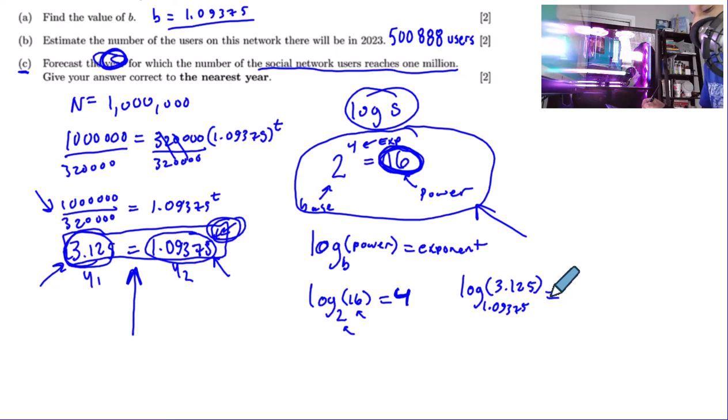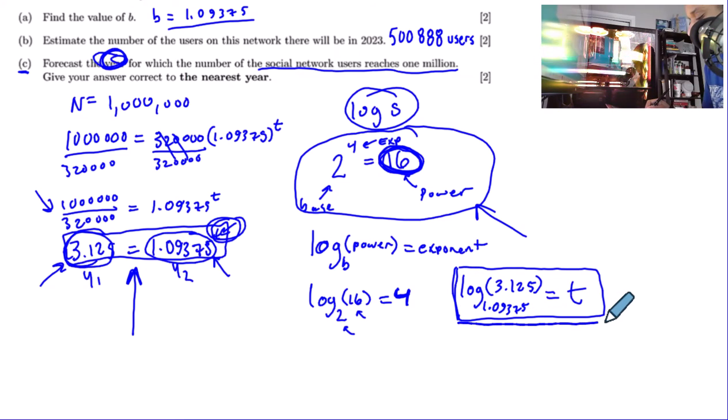And this is going to help me find my exponent, my t. The reason why you might not have seen this in Algebra 2 is because in honors or regular they don't want you using a calculator. I forgot about that. Well, this is IB. This is supposed to be preparing you for college level stuff where sometimes you do have to use a calculator. So I'm going to show you how to do this on the calculator.